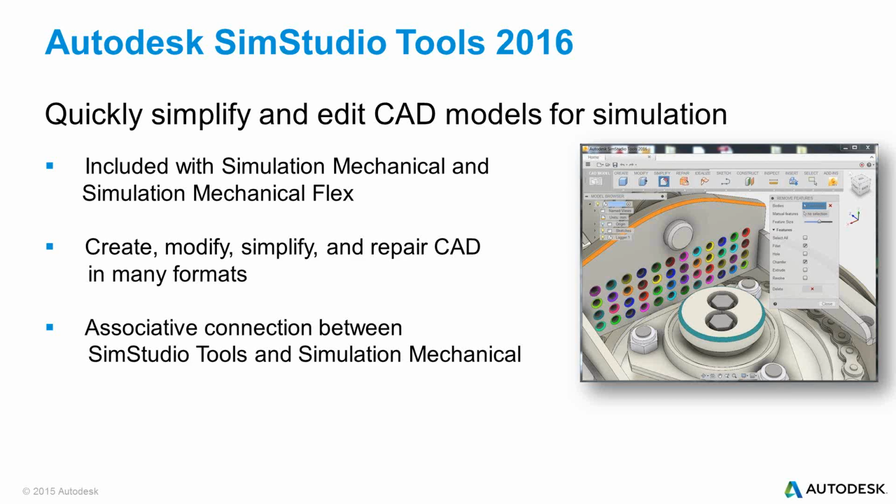And if you set up an analysis in Simulation Mechanical, and add your loads and boundary conditions and contact definition and materials and things like that, upon running your analysis, if you realize that you need to make a design change, you can edit the model in SimStudio Tools, and when you push the model back into Simulation Mechanical, you can simply reuse all your previous settings on the updated model.